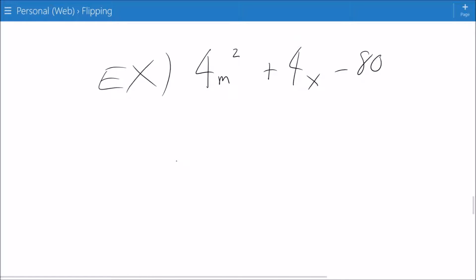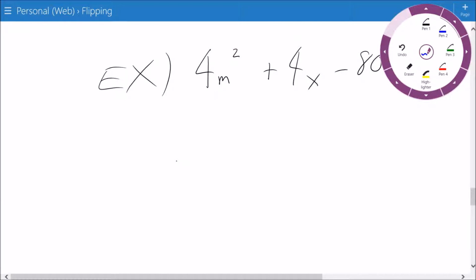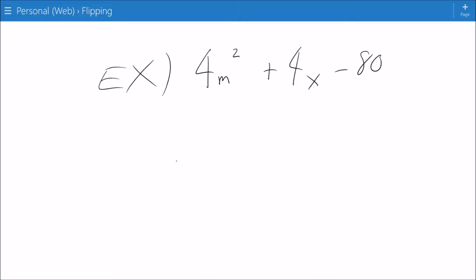So for example, if this is my expression, right away what do you see? Well, I've got a 4, I've got a 4, and hey, that's also divisible by 4. So I should see right away that I can factor out 4. This becomes m squared. This is just your GCF.